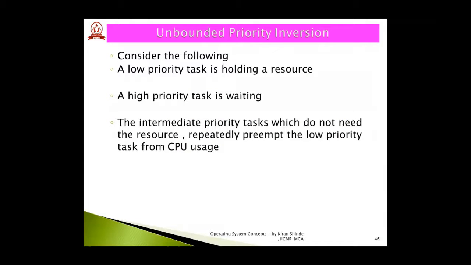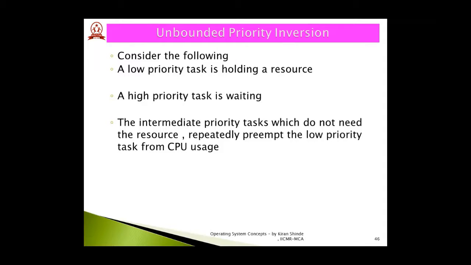Now, let us try to understand the second problem with respect to resource allocation in RTOS, which is called unbounded priority inversion. Consider the scenario: a low priority task is holding a resource. A high priority task is waiting for that particular resource. But meanwhile, the intermediate priority tasks came in. Those do not need the resource which is acquired by the low priority task.